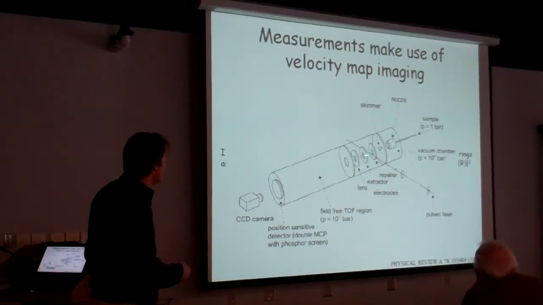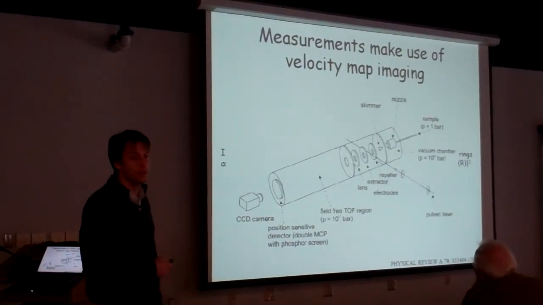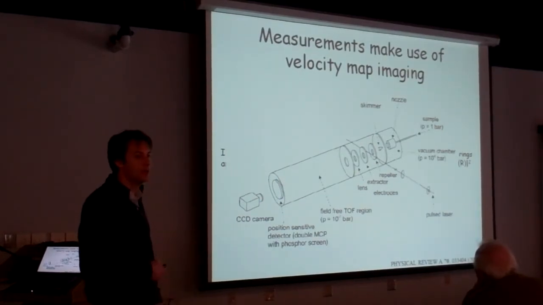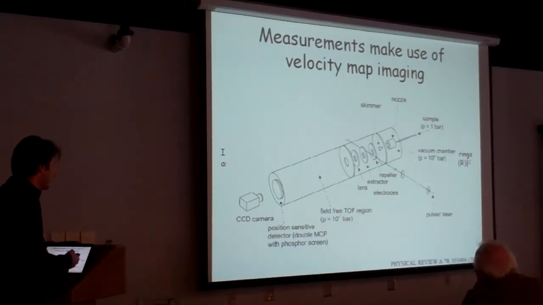And so if I am traveling with a large transverse velocity, I get a large transverse position here. It's just like a lens, an optical lens. And then I can take a picture of this position-sensitive detector with a camera, and that camera image is then basically what I use to record that velocity map image.